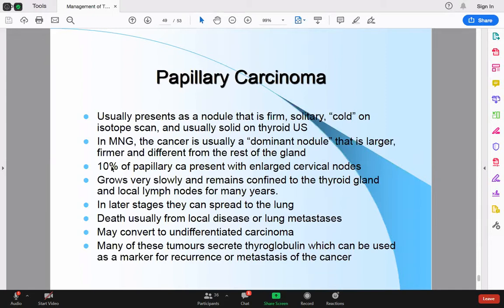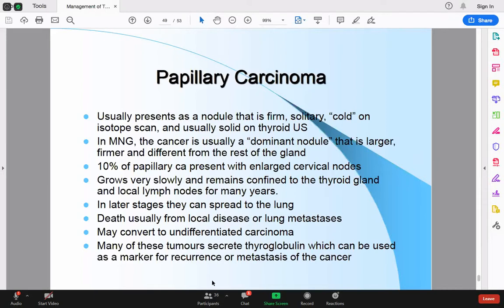10% of papillary carcinoma, which is the most common cause of thyroid cancer, may present with even an enlarged cervical node, and as you guys can guess, having a positive cervical node actually carries a poor prognosis. Late stage can spread to the lung, so this is the usual metastasis site.